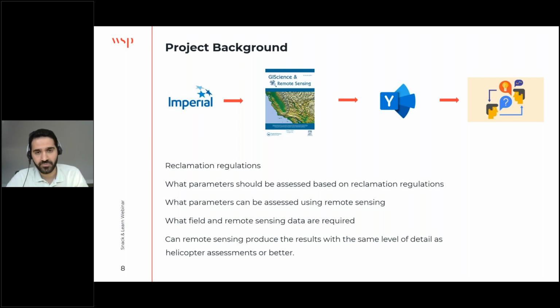We also discussed what field data and remote sensing data we need. An important question was whether, using remote sensing, we can get similar results to what we get from helicopter survey, or if there is any opportunity to even get more and better results compared to traditional helicopter surveys.